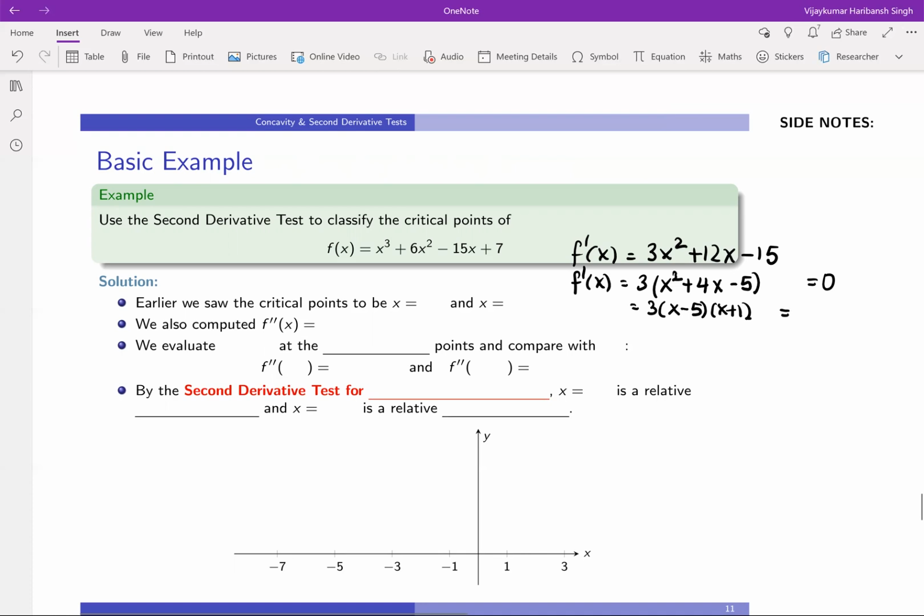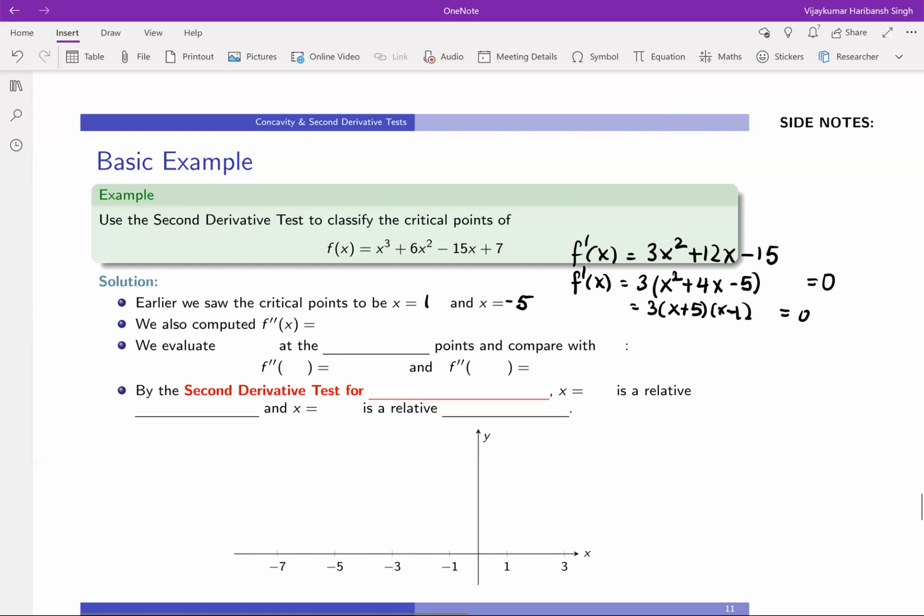So f prime x equals 0 will give me that x is either 1 or x is minus 5, right? Sorry, plus 5 minus 1, my bad. So these are my critical numbers.